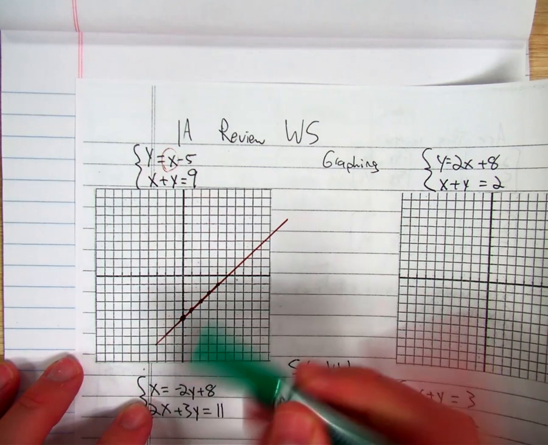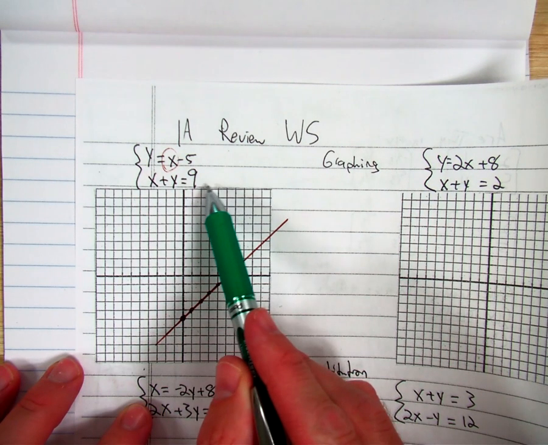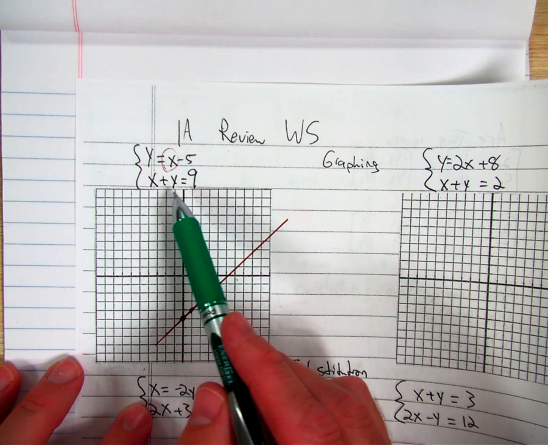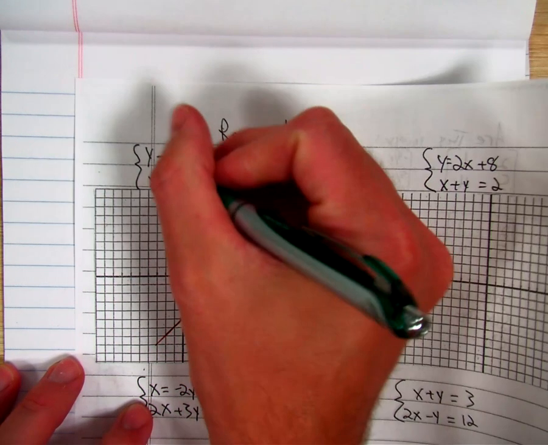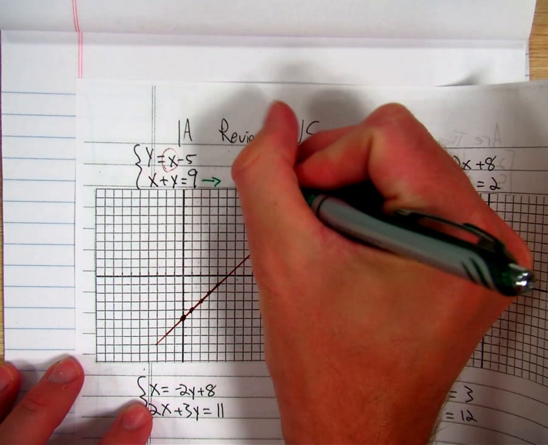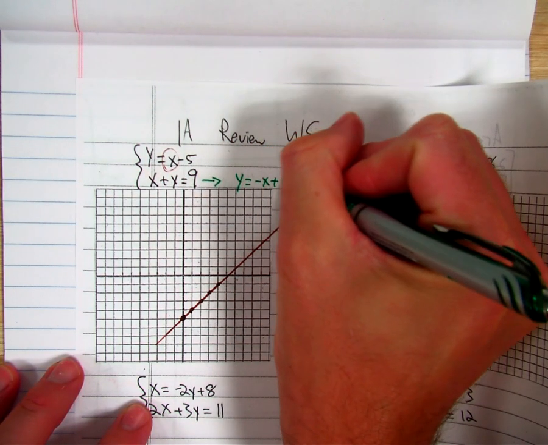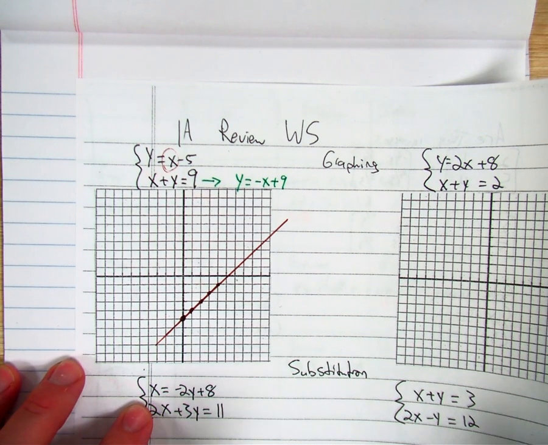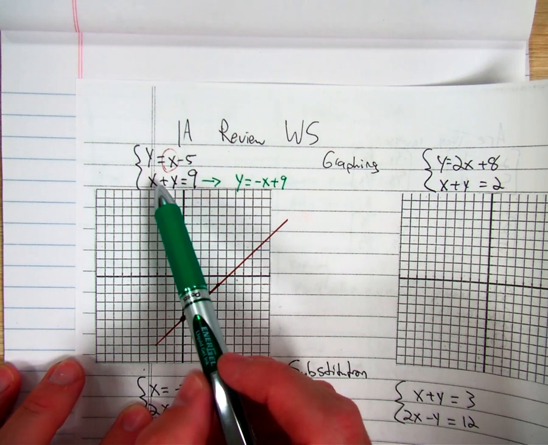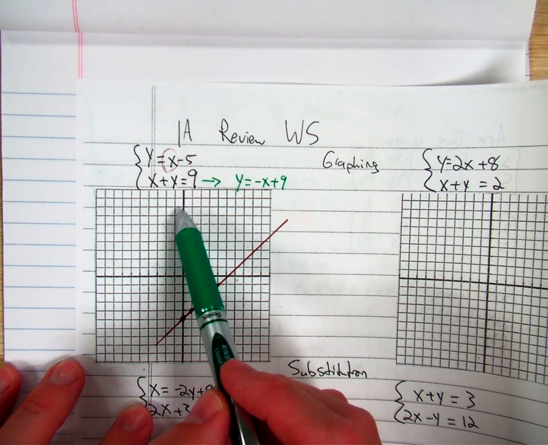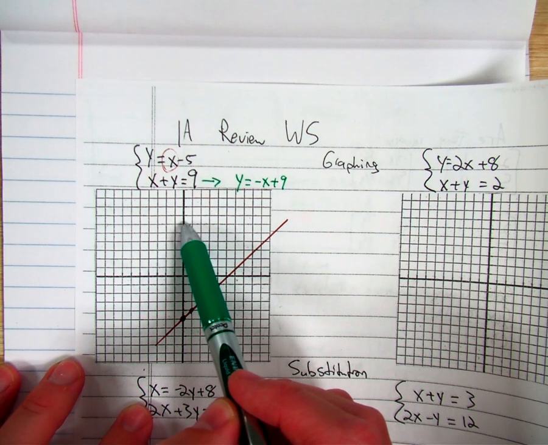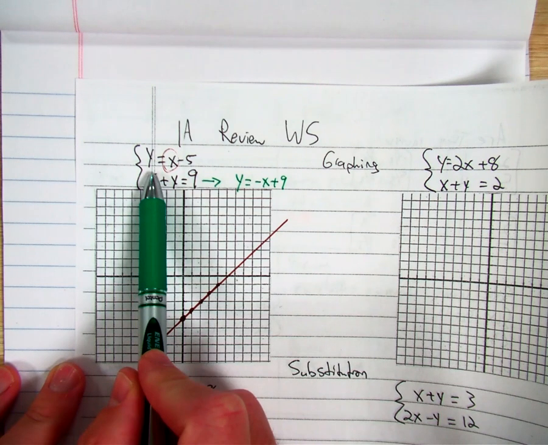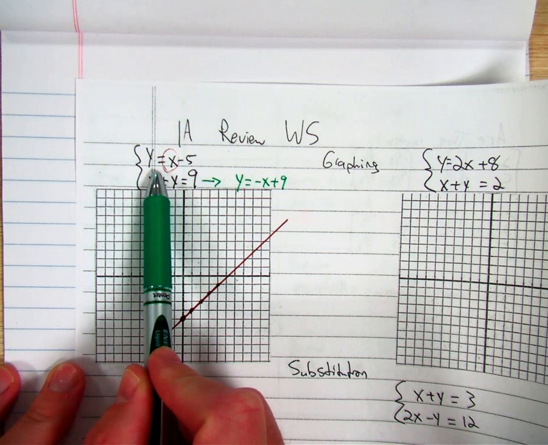Next one, x plus y equals 9. It would not be terribly difficult to get into y equals mx plus b form. We could just subtract that x over, and we could graph it just like the top one. This is also in a friendly form to do the intercept or cover-up method. If I find the y-intercept and plug 0 in for x, x is gone because it's 0, and y would be 9.